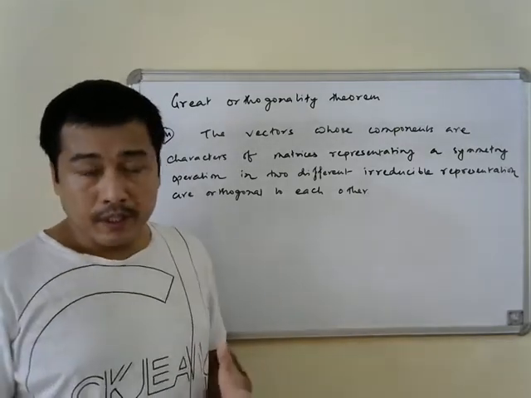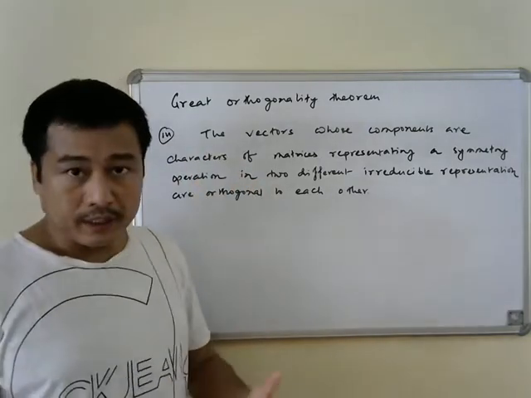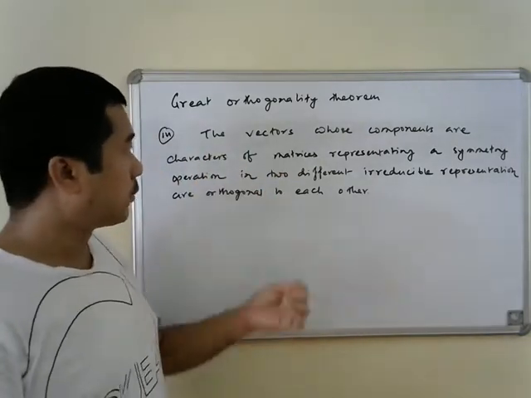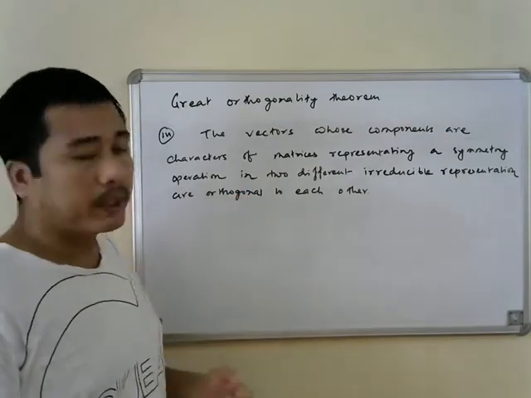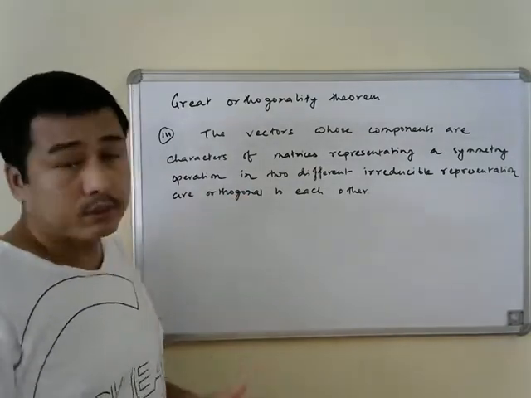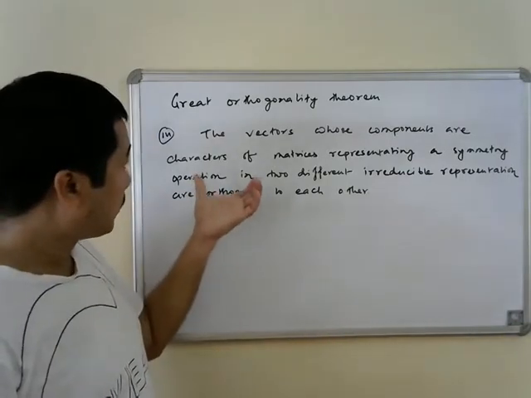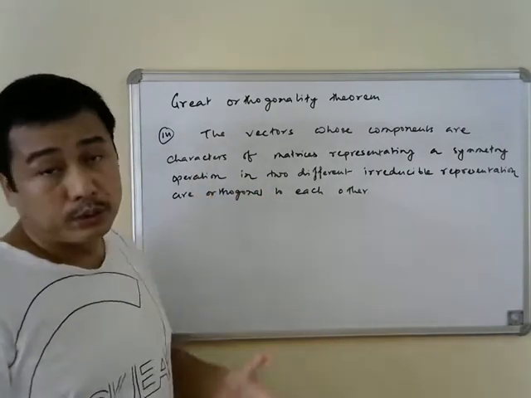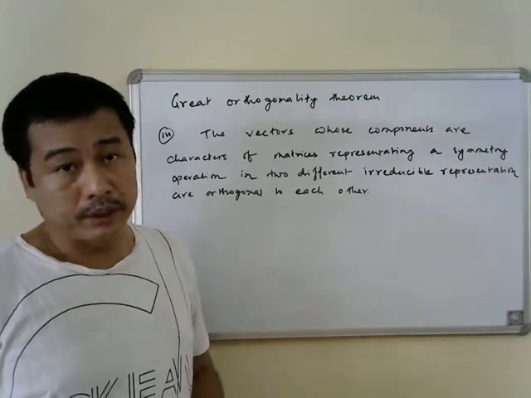Now if we take the different vectors whose components we get from the characters of the matrices representing different symmetry operations, then these vectors are going to be orthogonal to each other.